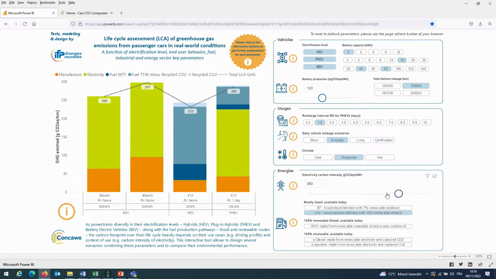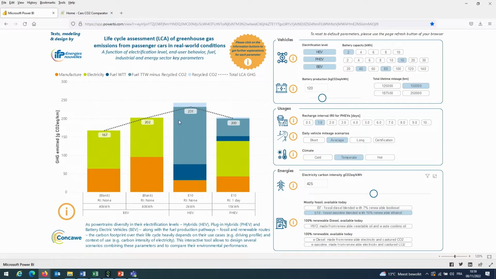If we move to Germany, that would be this value. You can see that now the hybrid electric vehicle is no longer an interesting option, and the small BEV would be, in this case, the best option. And you can see a competition between the plug-in hybrid vehicle and the big battery electric vehicle. They have quite equivalent emissions.